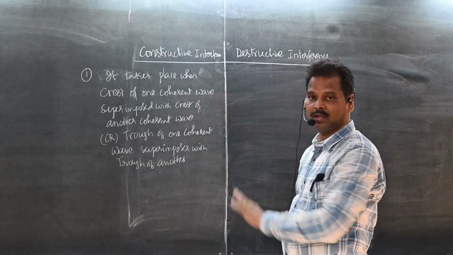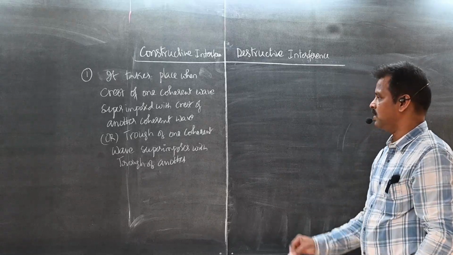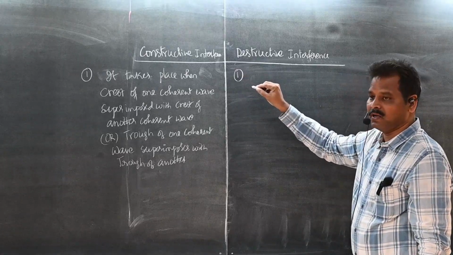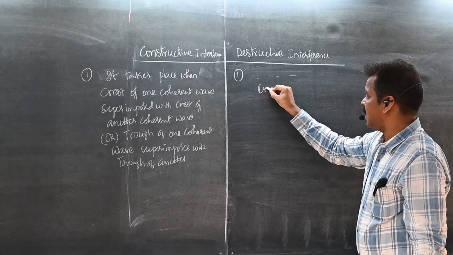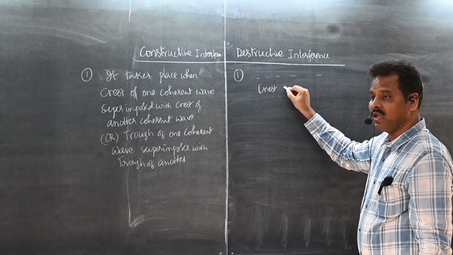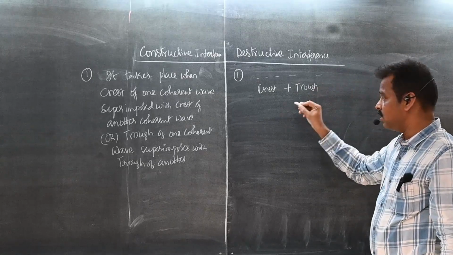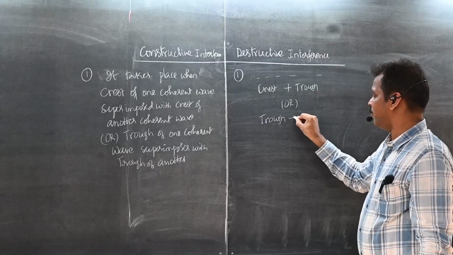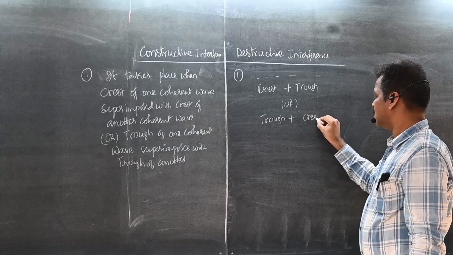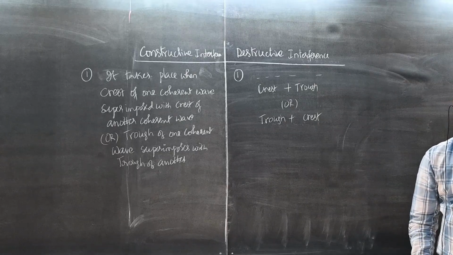Then we will get constructive interference. For destructive interference, the crest of one wave combines with the trough of another, or the trough of one wave combines with the crest of another wave.